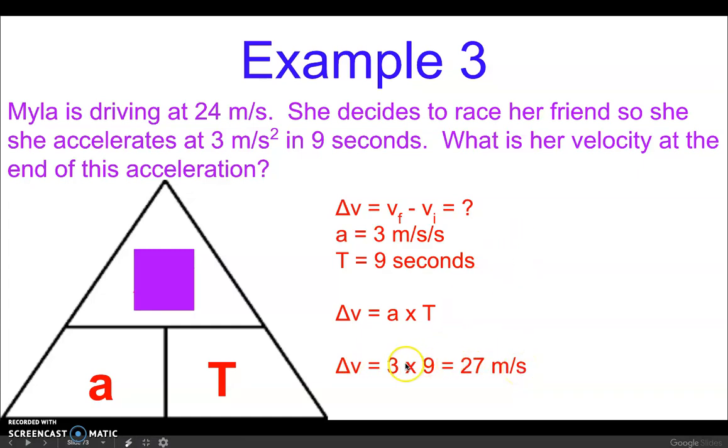Okay, so now we're going to use that to calculate what Mila's car's final velocity was. Right, that's the question. What is the final velocity of her car? Or what is the velocity at the end of the acceleration? So delta V equals V final minus V initial.